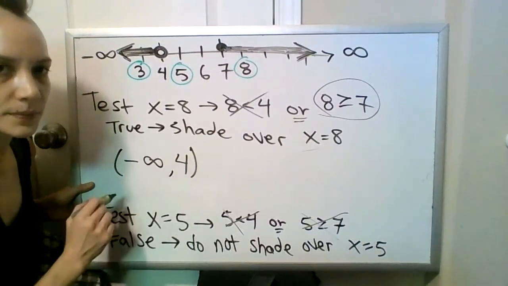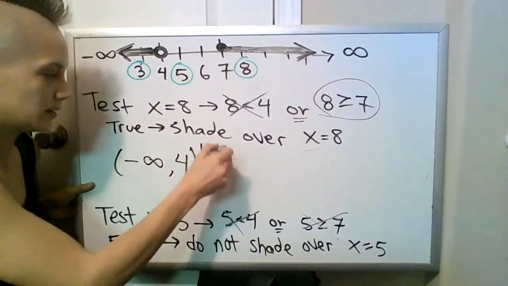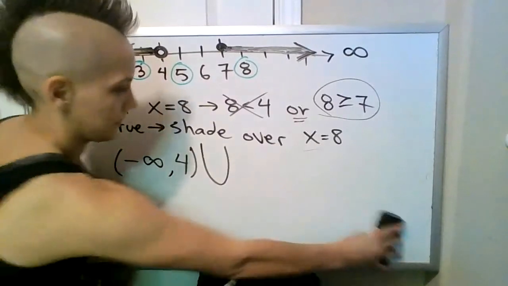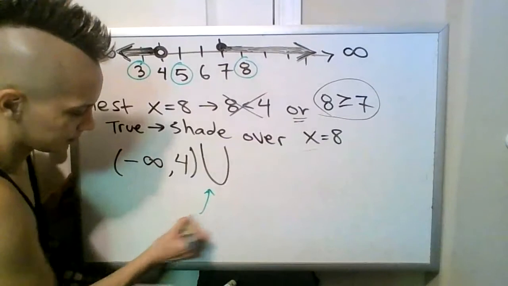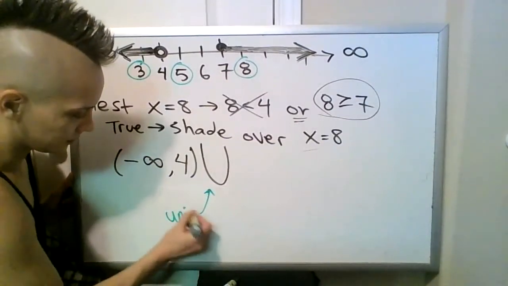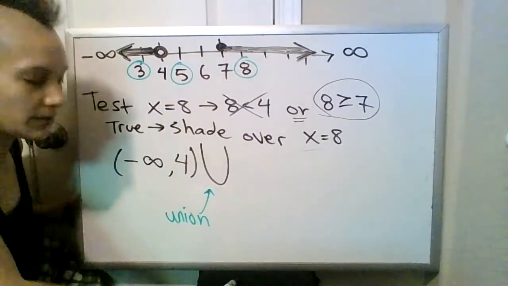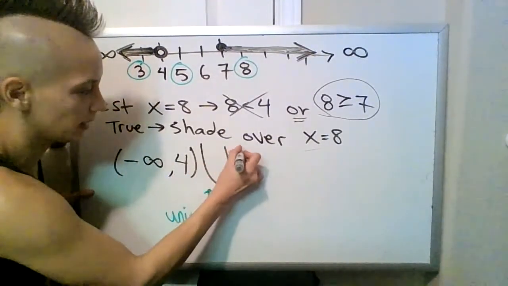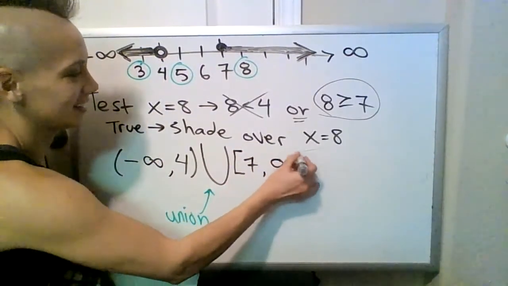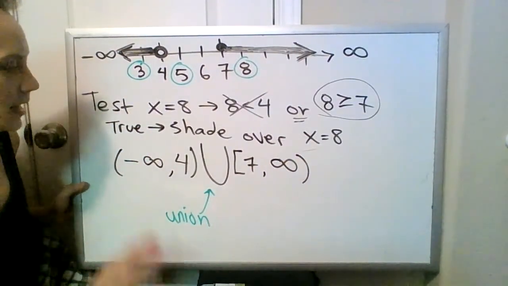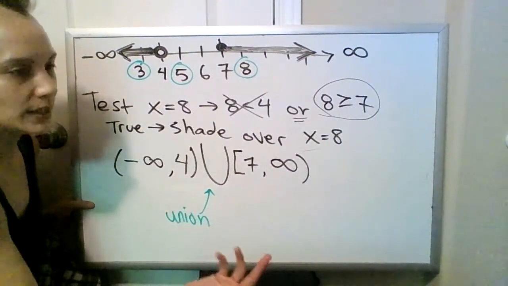Parenthesis. Union with the set that goes from 7 and does include 7 with a square bracket and goes to positive infinity. And this is the solution set written in interval notation.